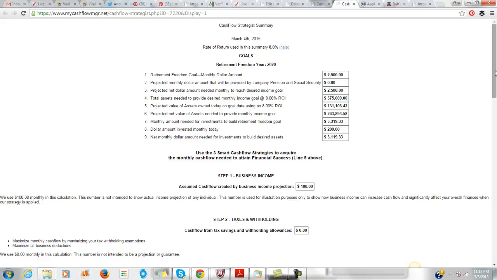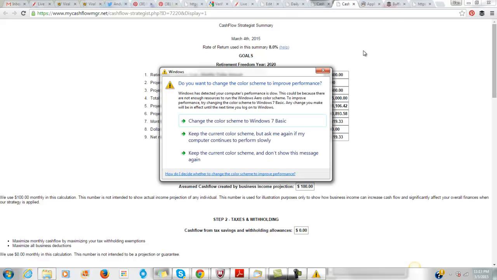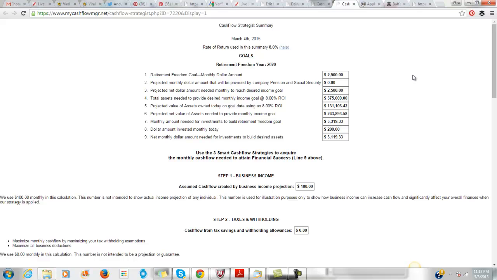And this tool gives you a strategy, and it gives you a plan of action, and gives you a snapshot on where you need to be depending on what you want to have. So, you plug in your numbers for what you need and what you want to retire on. And you know what you have in the bank.